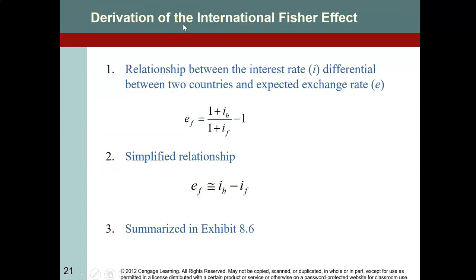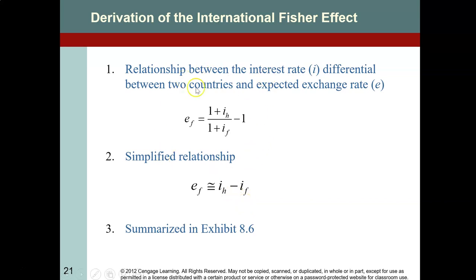Derivation of IFE. The relationship between the interest rate differential between the two countries and the expected exchange rate would be E_F equals 1 plus the interest rate of the home country divided by 1 plus the interest rate of the foreign country, minus 1. The simplified relationship would be E_F equals I_H minus I_F.